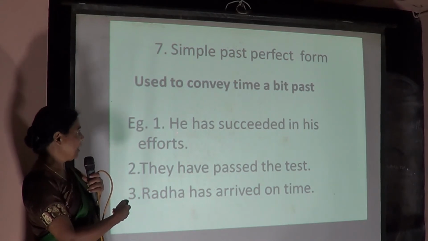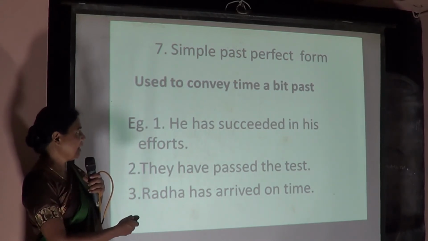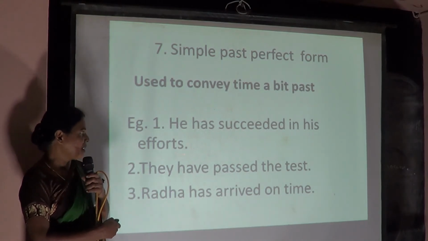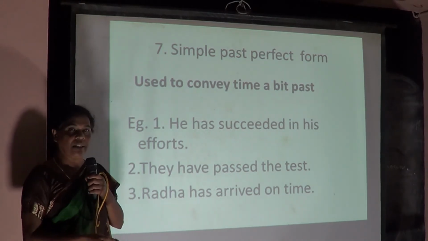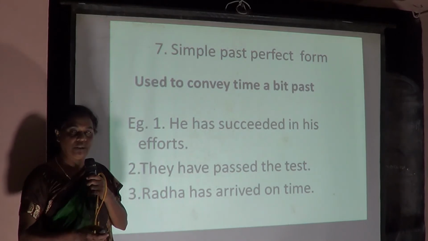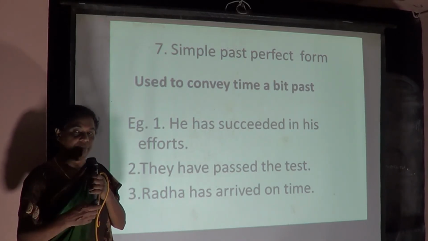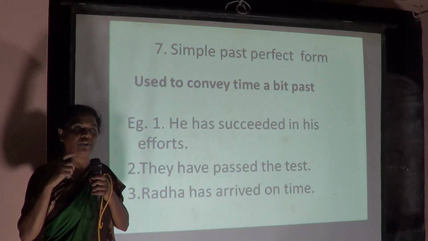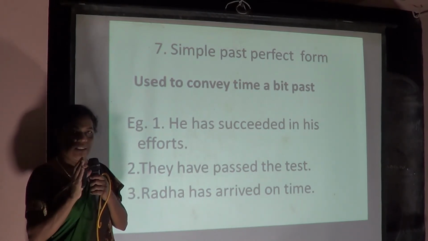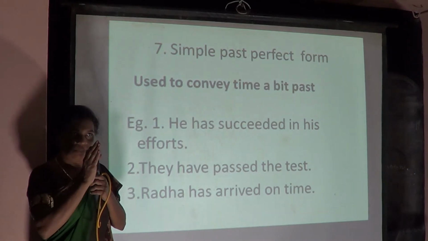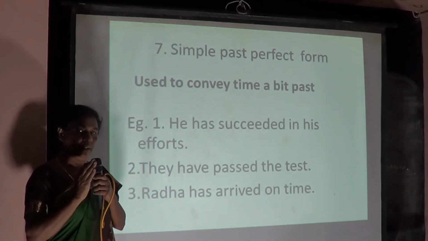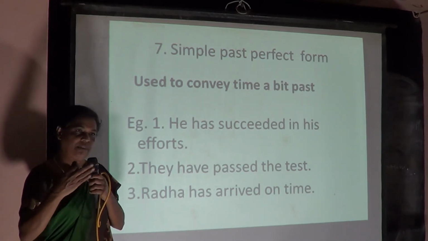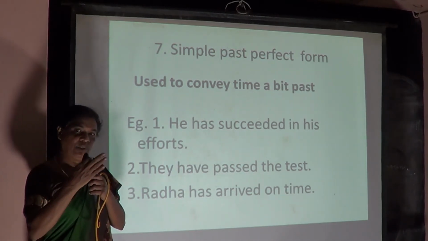The first one is, he has succeeded in his efforts. Children who are in the post high school, in the 11th standard and plus 2, you will be having a theme, an idea, a perfect plan in your mind to achieve certain things, to go into some kind of better life, some kind of subject to take, some kind of thing to achieve in your life.